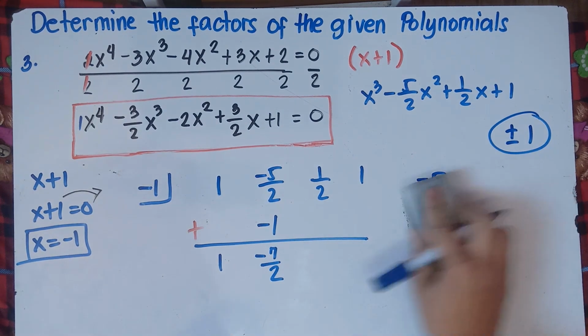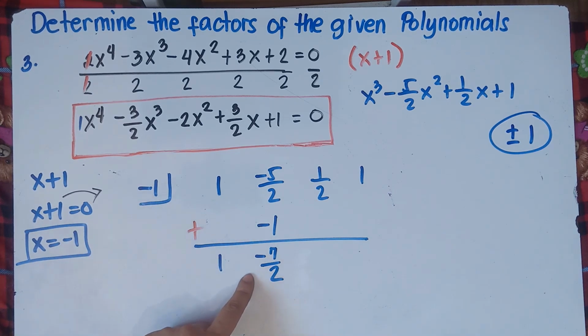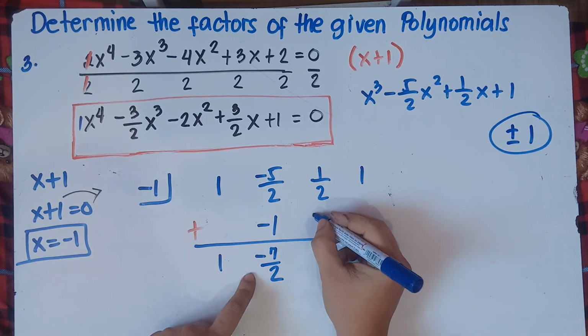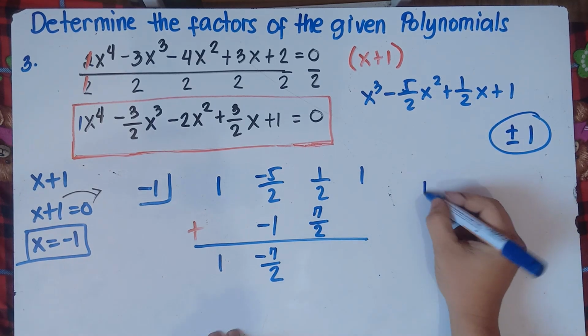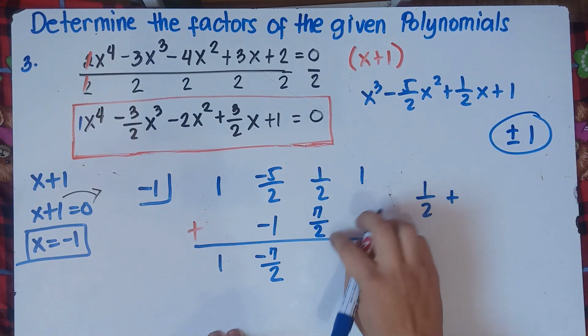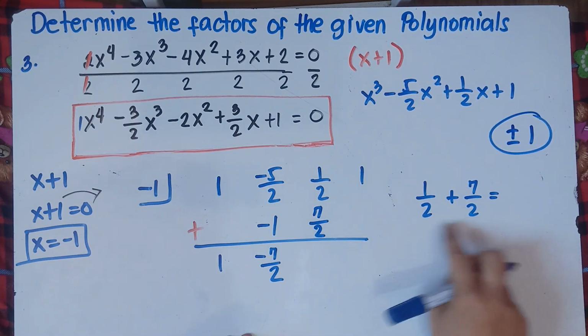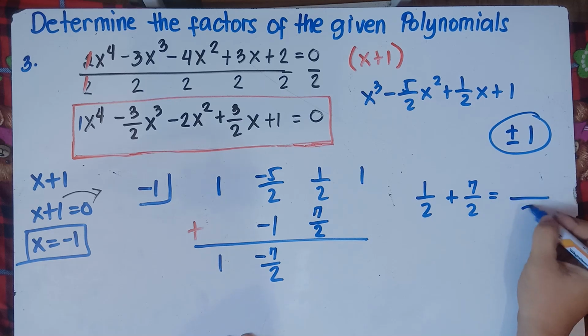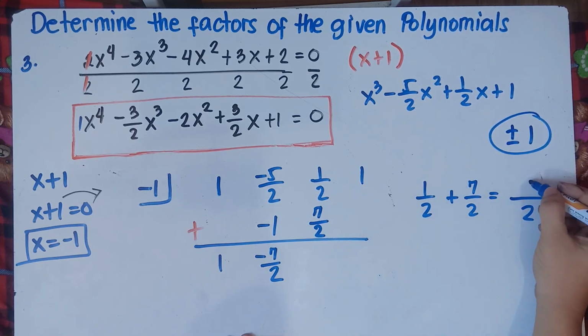Then you multiply negative 1 times negative 7 over 2, that's positive 7 over 2. Then you combine, class, 1/2 plus 7 over 2. Same denominator, simply copy, then add the numerator. 1 plus 7 is 8.